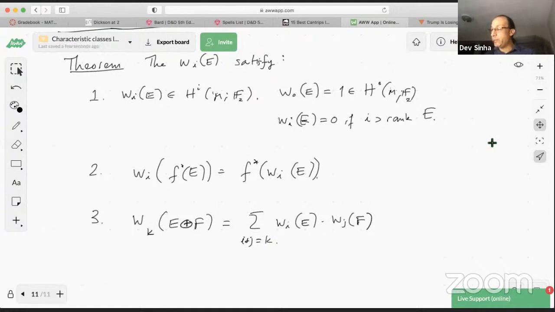This is called the Whitney sum formula. I'll put their names to the right. So this is naturality. This is called the Whitney sum.